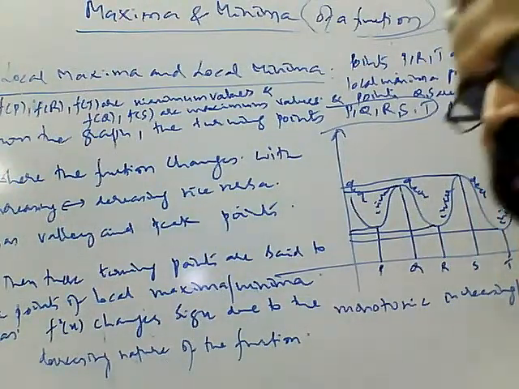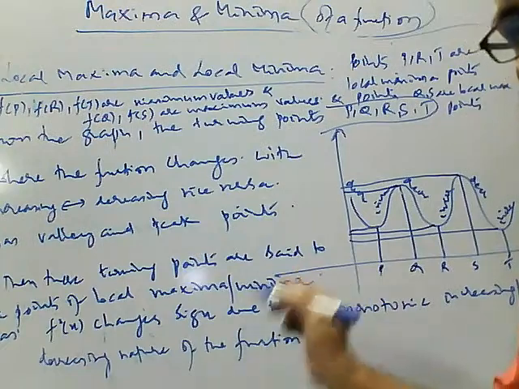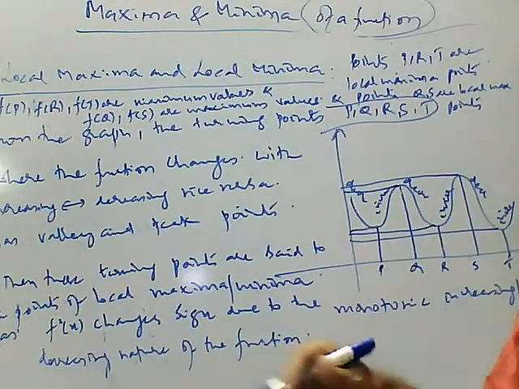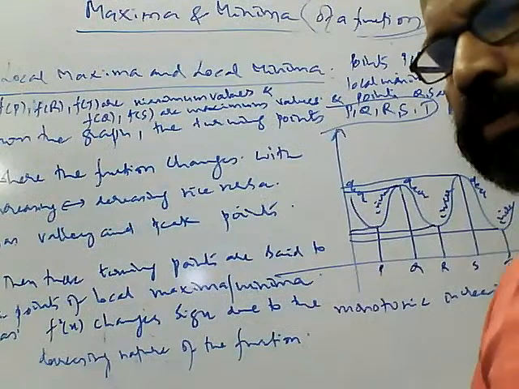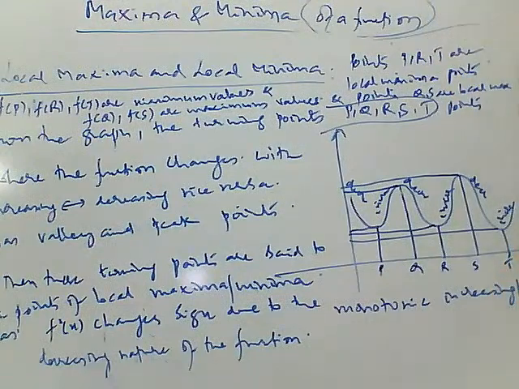Okay, so note down. You understood now? Still, we'll solve the problems. This is the geometrical interpretation. I think you are already clear with this. What is maxima? What is minima? Points of minima, points of maxima, all those. Note down.